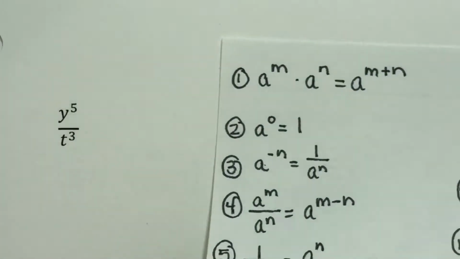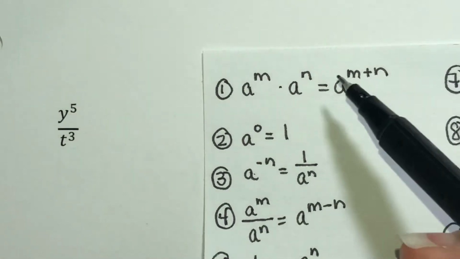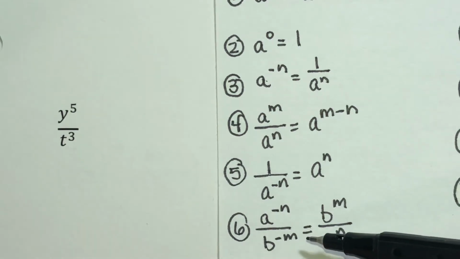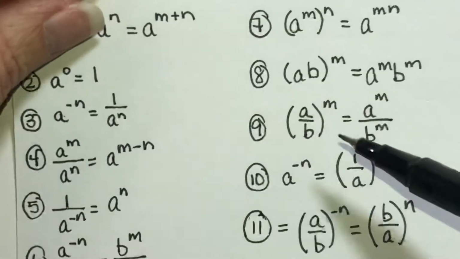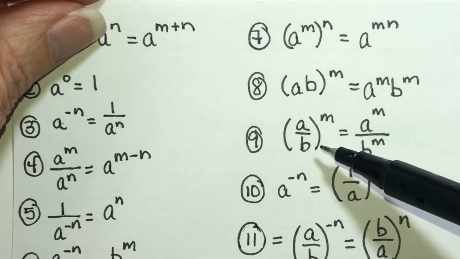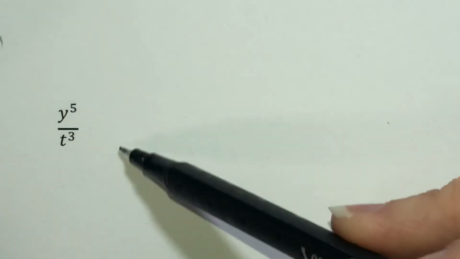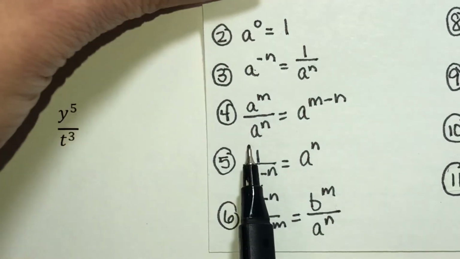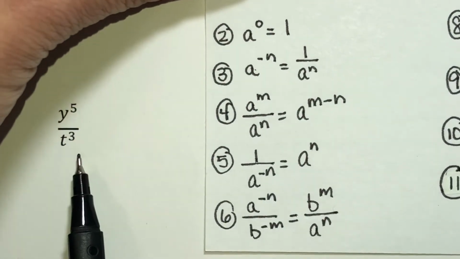Let's simplify y to the 5th over t cubed. I notice that I have different bases, so let's see if I can find anything. This allows for different bases, but I don't have negative exponents, so it doesn't apply. This allows for different bases, but it's not being raised to a power. This one requires that you have the same base, and we don't.